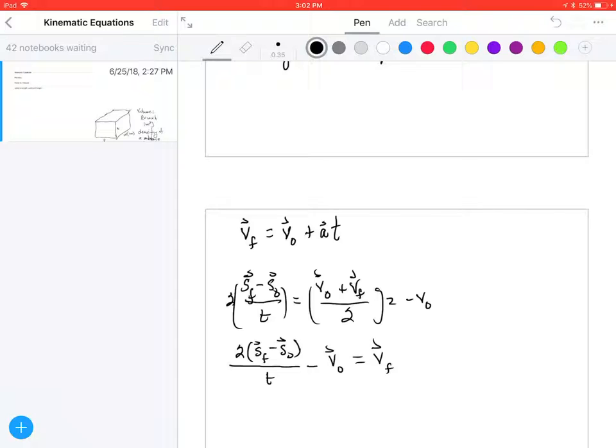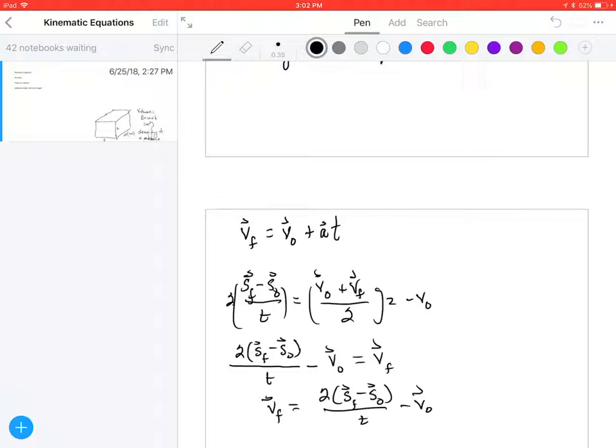So the way I need to write this, I'm just going to rewrite it and say V final equals 2 times S final minus S initial divided by t, minus the initial velocity.